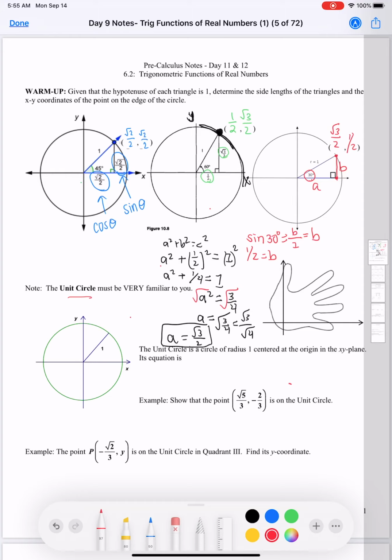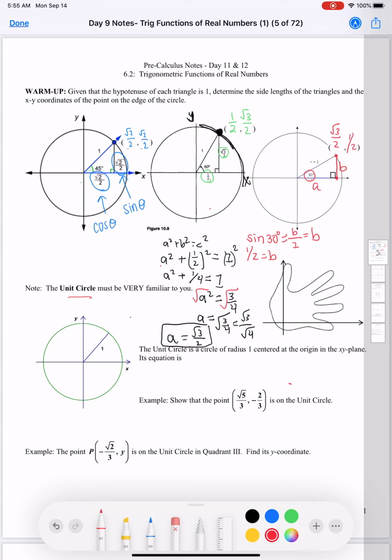So let's talk about what else we know about the unit circle. The unit circle is a circle of radius 1. It's centered at the origin in the XY plane. And the equation of the circle, you've actually worked with circles before.